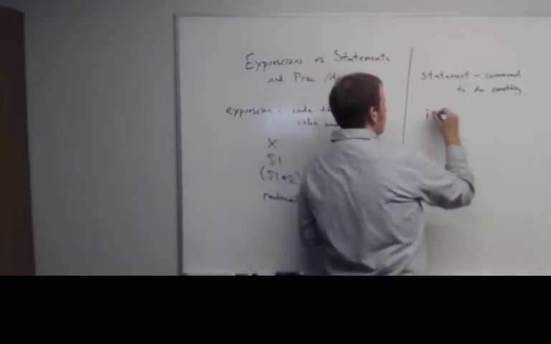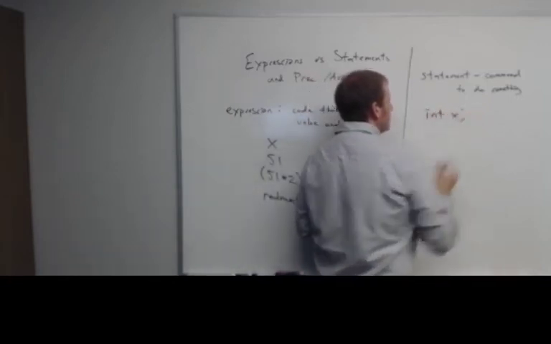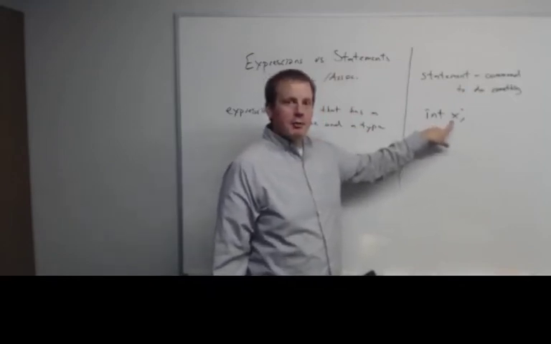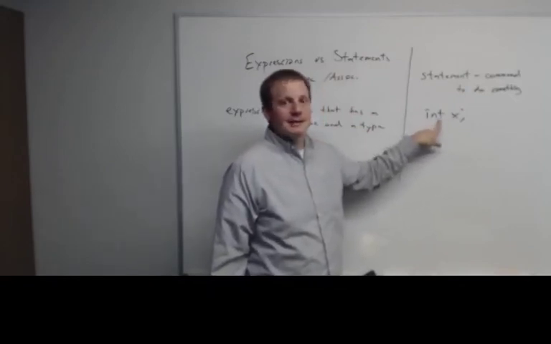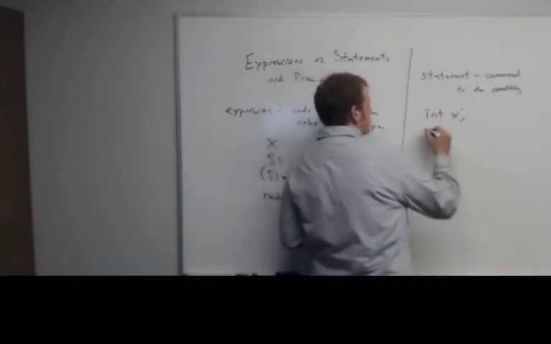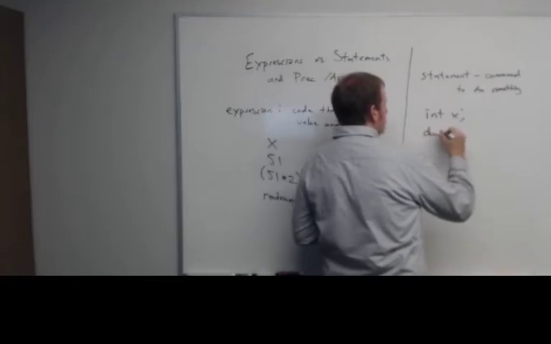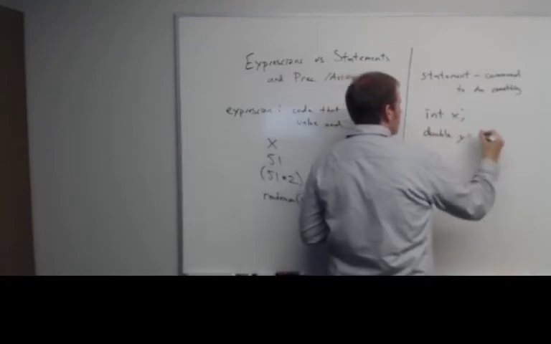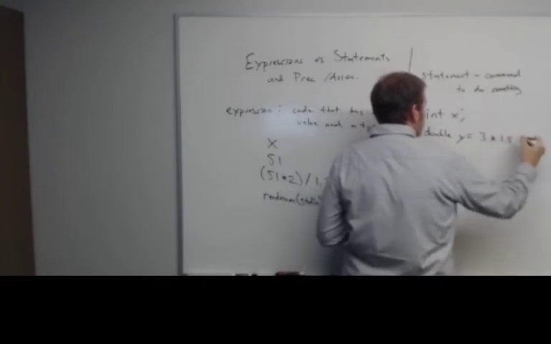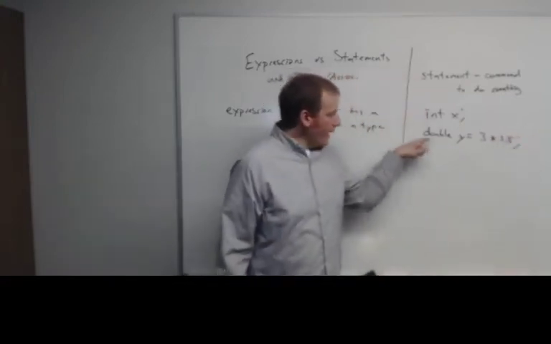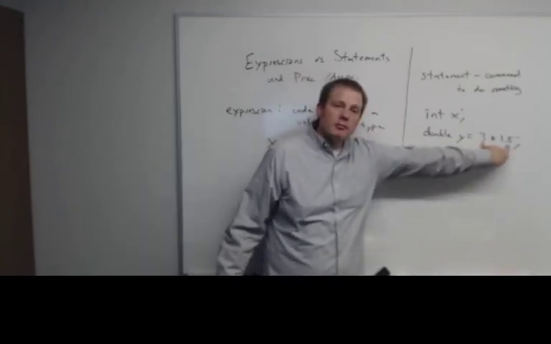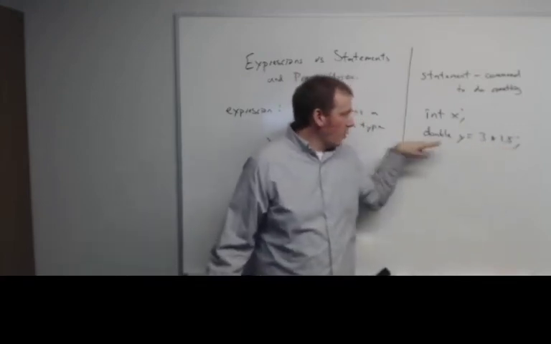So if we said like int x, what's that? That's an instruction. It's telling the compiler to make room for this variable called x that has this type int. So that's a statement. And even if I said like double y equals 3 times 1.5, well, that whole thing is also a statement. It has an expression inside it, 3 times 1.5, but as a whole, it's a statement.